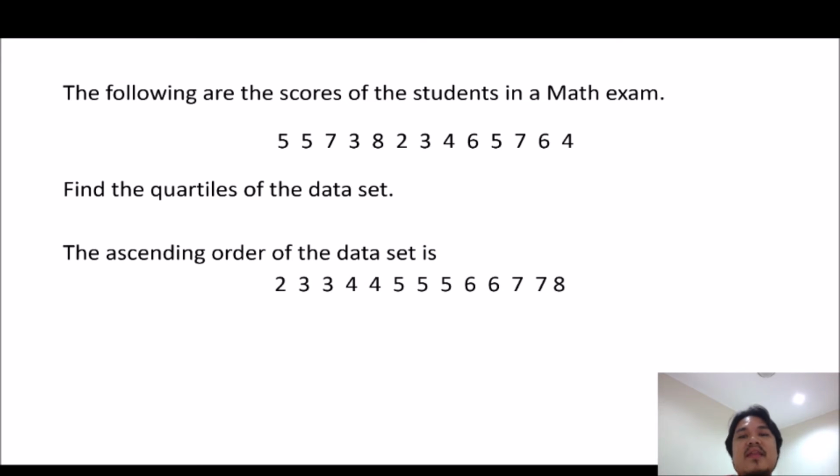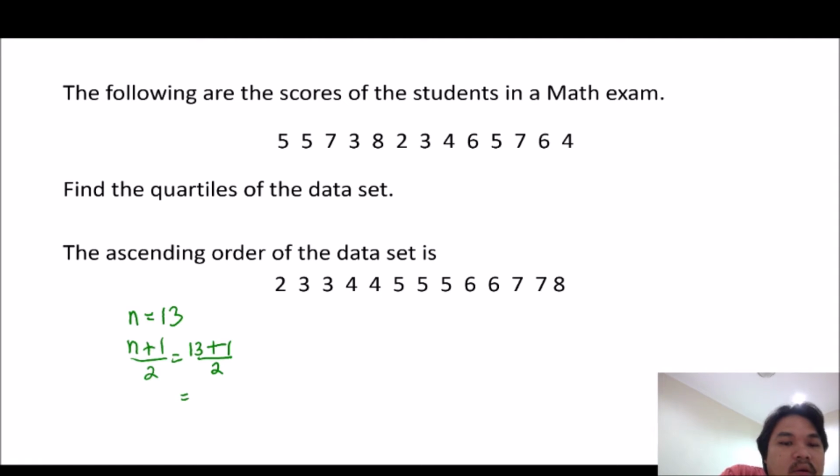So this is the ascending order of the data set. Since we have 13 values, to find the median of the data set, we're going to use the formula n plus 1 over 2. So that is 13 plus 1 over 2, so 14 divided by 2, that is 7.